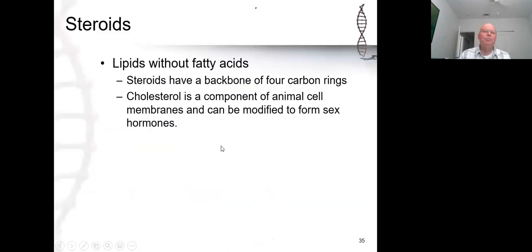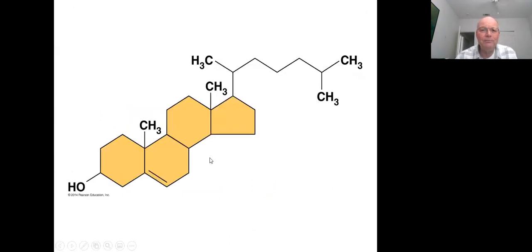Then we have a group of lipids that do not contain fatty acids, and these are built on a steroid backbone, and cholesterol is the classic example of this. So this is cholesterol. And this is the steroid backbone.